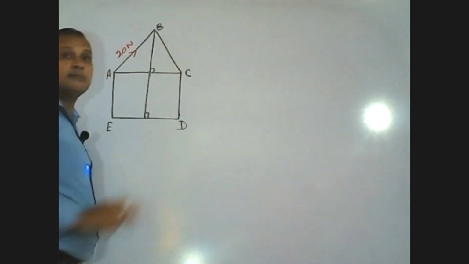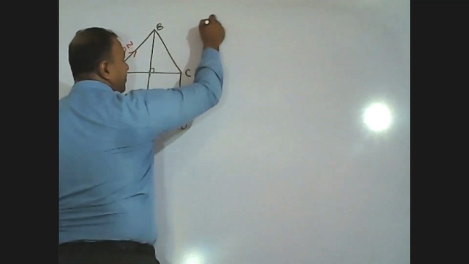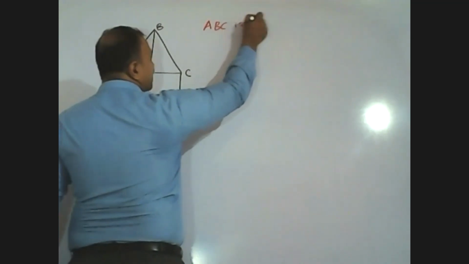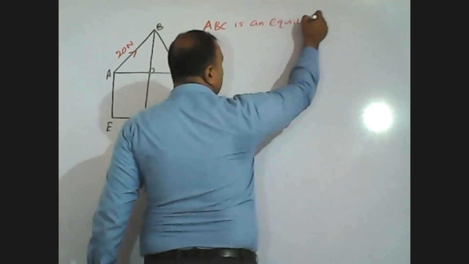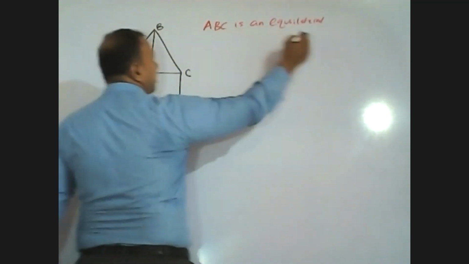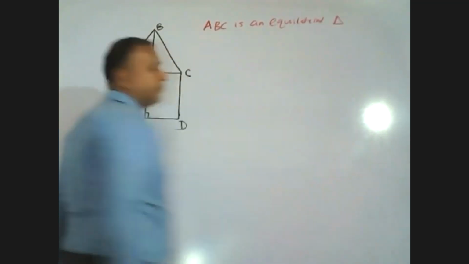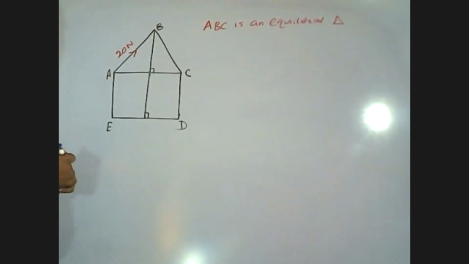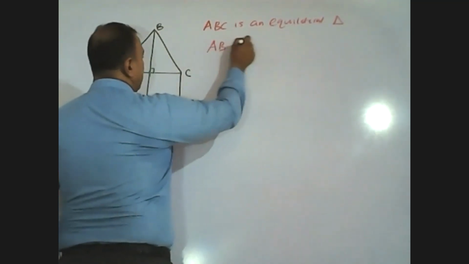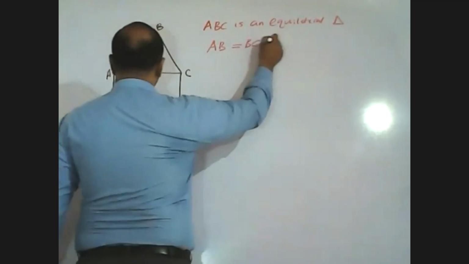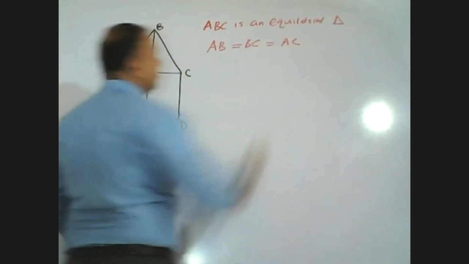It is easy, because ABC is an equilateral triangle. That means AB equals BC equals AC.